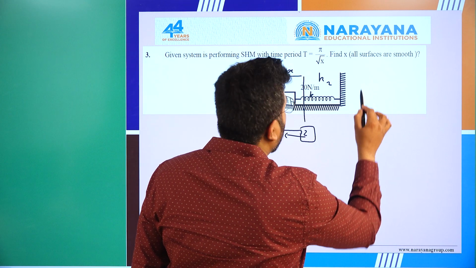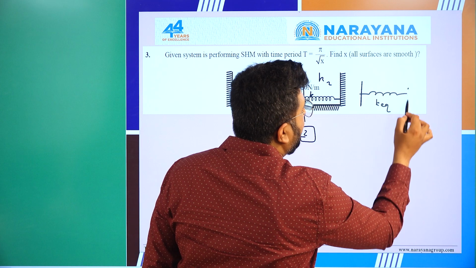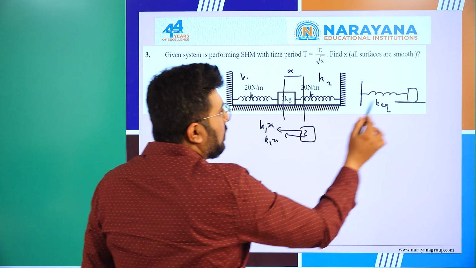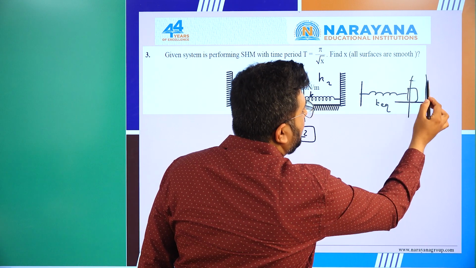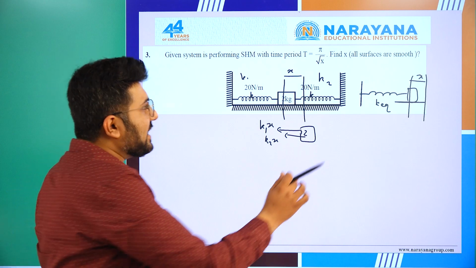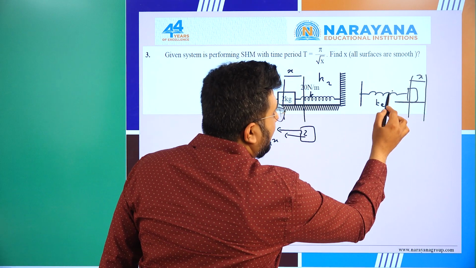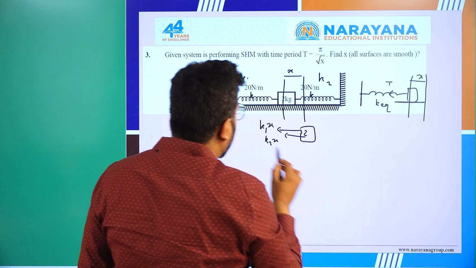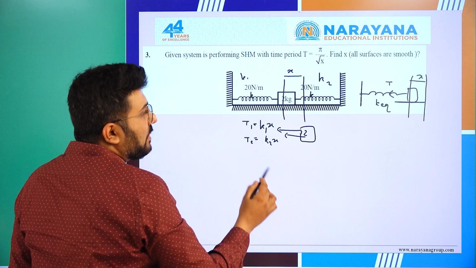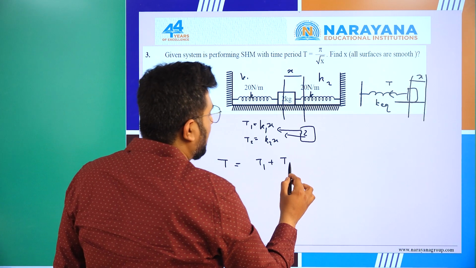Also, if I draw the equivalent spring, this is the equivalent spring. So if the equivalent spring also stretches by the same distance x, the net tension here, let's call it T, let's call this T1, let's call this T2, I will say T has to be equal to T1 plus T2.